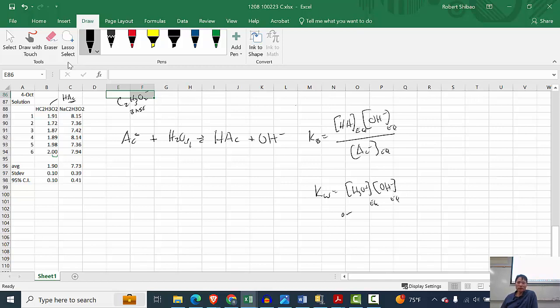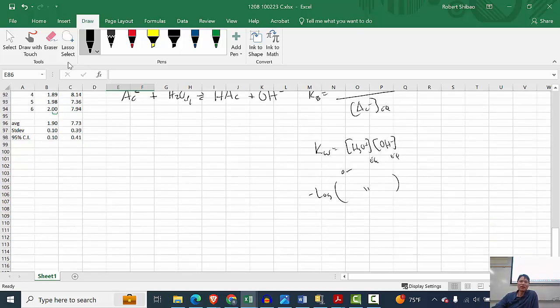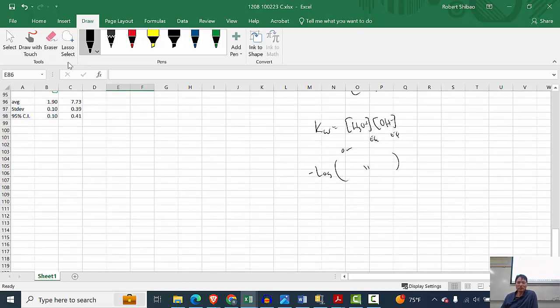Or we could use this equation. We could take the negative log of the entire thing. If we take the negative log of the entire thing, we get the negative log of Kw is equal to the negative log of the hydronium.